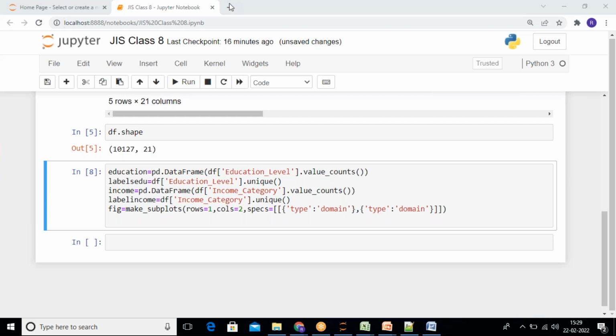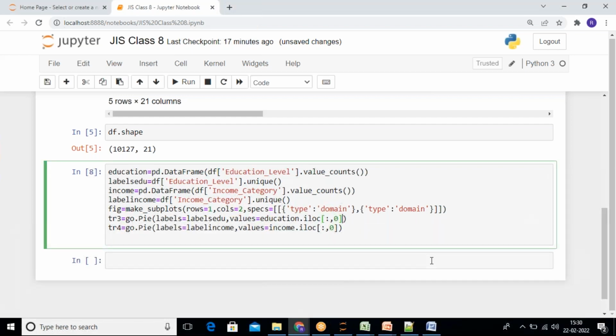See these two lines, we need to give a name. Proportion of education, proportion of income.